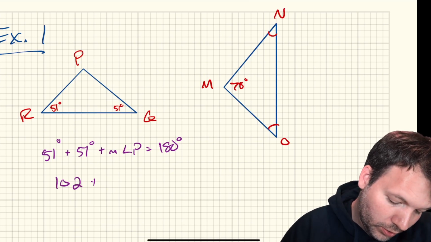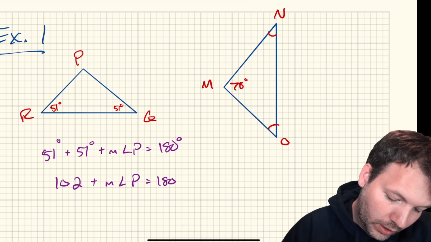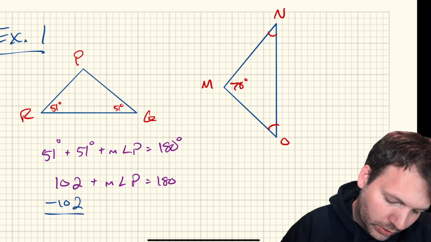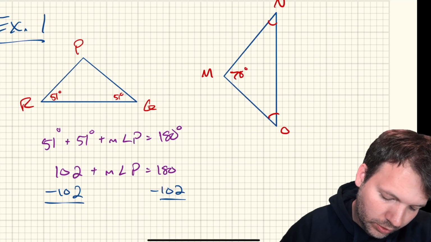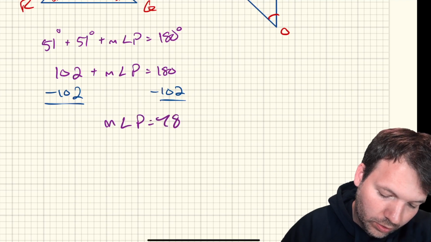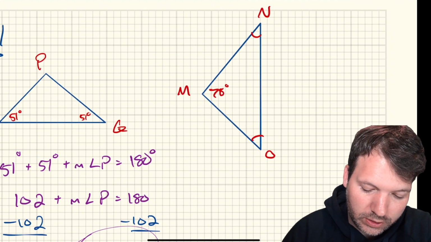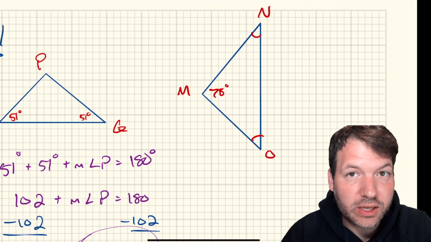So 102 plus the measure of angle P equals 180. Subtract 102, subtract 102, and of course we get that the measure of angle P is equal to 78 degrees. Now that's important because as I look over at this other triangle, I see a 78 degree angle.